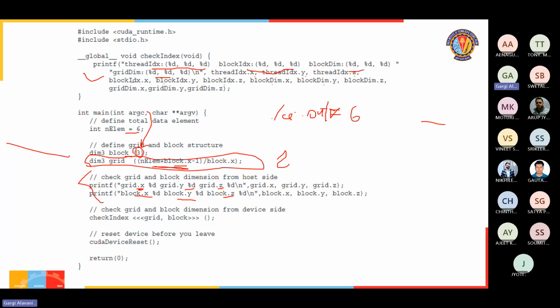Block dimension is not specific to each block, but is common amongst multiple blocks. The grid dimension also is common because the dimension is fixed, right? But each thread and each block might have a different block ID and thread ID.